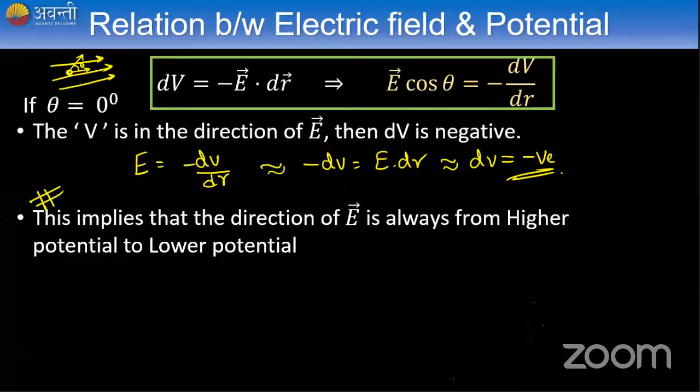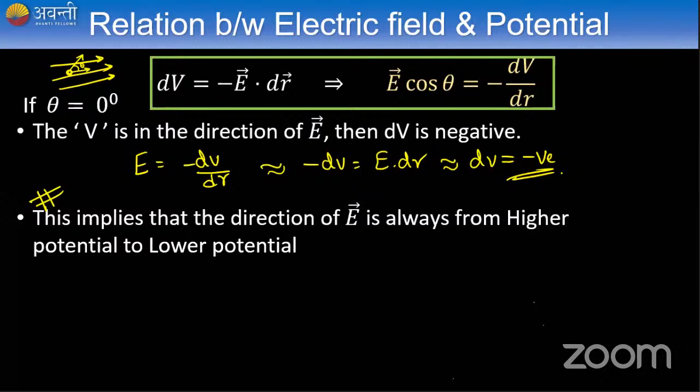My direction of electric field is always from a higher potential region to a lower potential region. Even this is the same in the case of current. What is current, guys? Current is nothing but flow of charges, right?